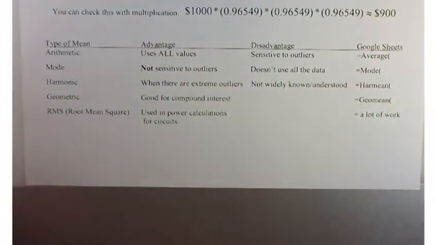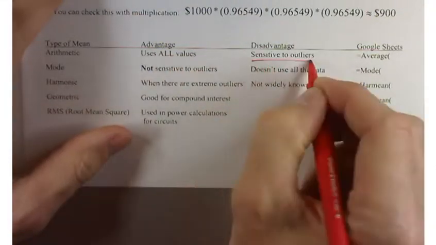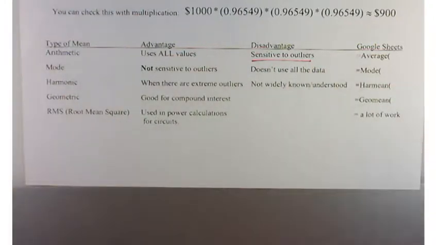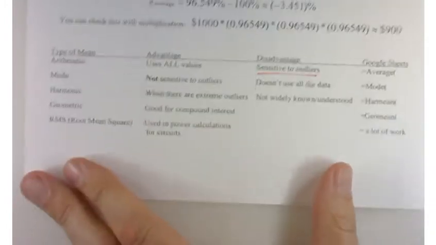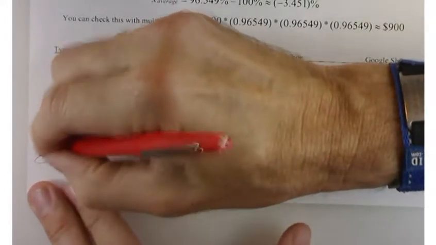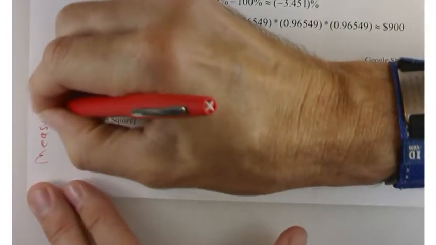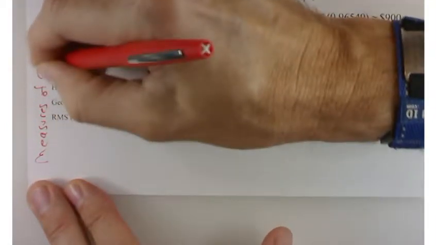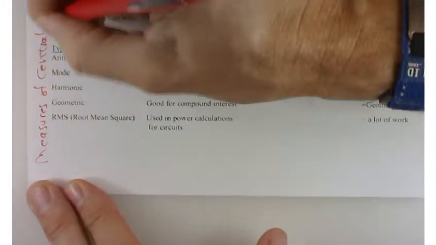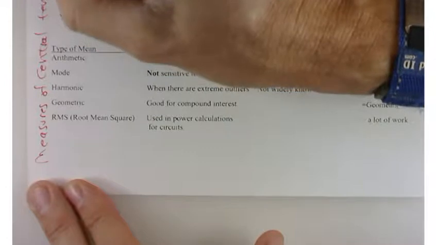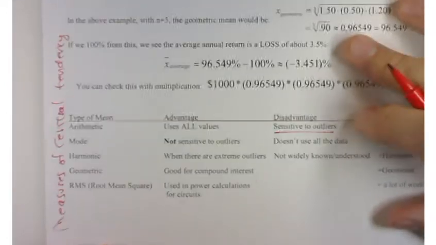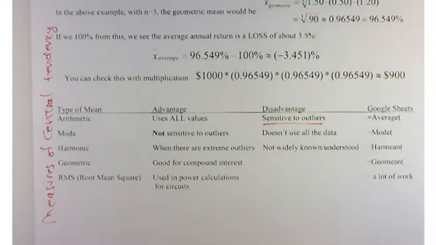The bummer thing, as we saw, is that it can be sensitive to outliers. Now, these are measures of what are called central tendency. It measures how your data clusters around a center, or what's typical.